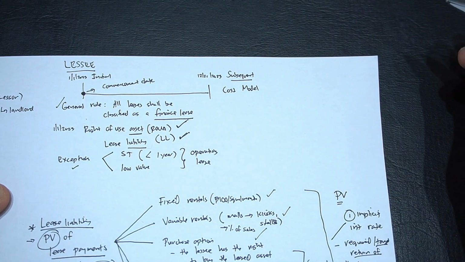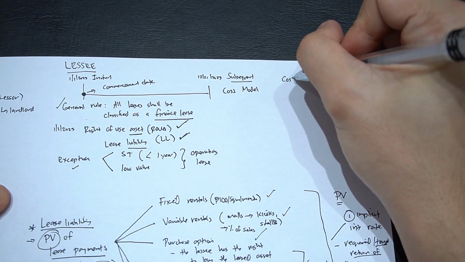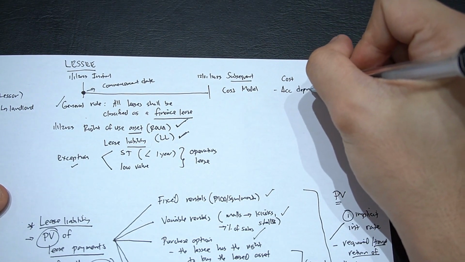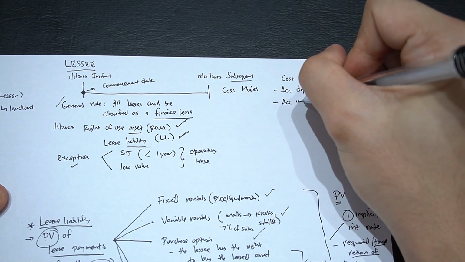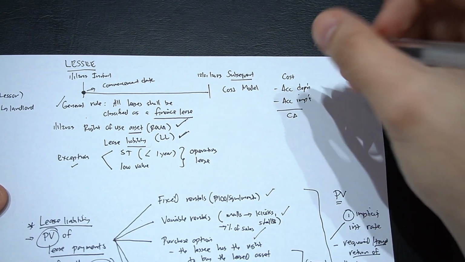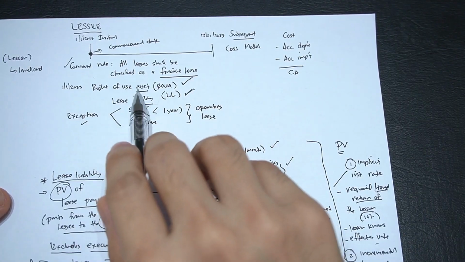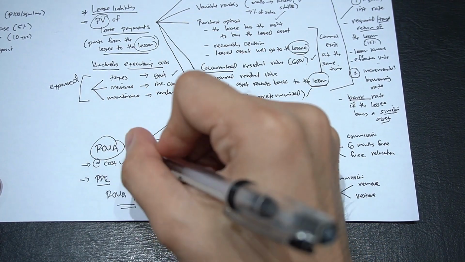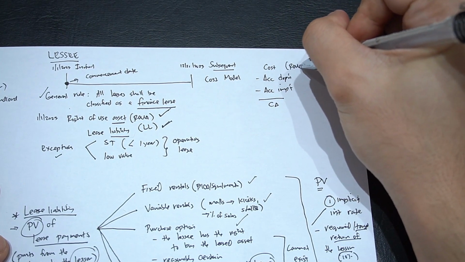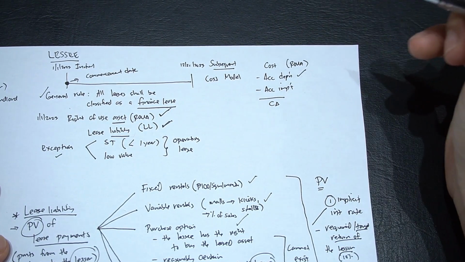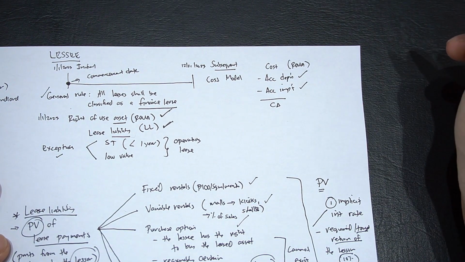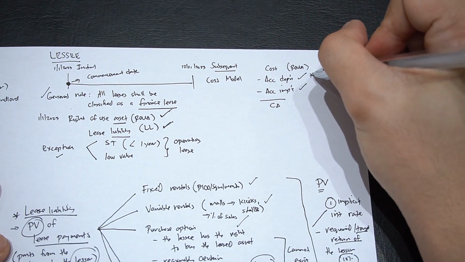Alam natin sa PPE, pag sinabi mong cost model, it's cost less accumulated depreciation, less accumulated impairment, you have the carrying amount. Tama? Ano yung cost na yan? Iyon yung right of use asset natin. Ito siya, kaya sinabi ko dyan at cost. Okay? So yung cost na yan, basically, yan yung initial measurement natin ng ROA. Accumulated depreciation, alam nyo na yan, and accumulated impairment, na-discuss na natin yan in Intermediate Accounting 1 extensively. Ngayon, mag-focus tayo sa depreciation.